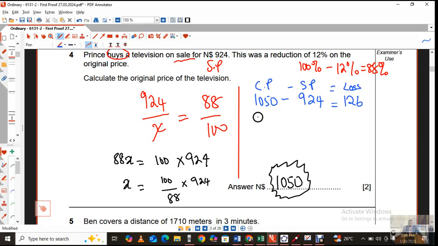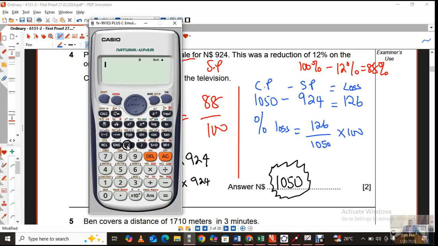If I ask what is the percentage loss, it will be that 126 over what the item cost you, the original price, which we now know. If you take that and you multiply it by 100, it's very interesting. So let's grab the calculator. So 126 over 1050, and you express this as a percentage, which is multiplied by 100.